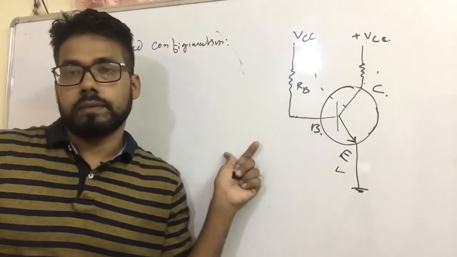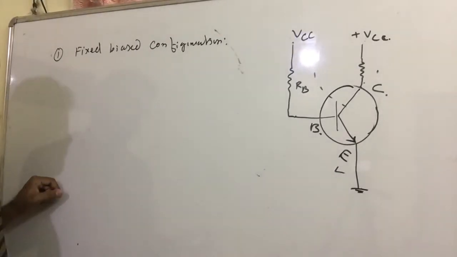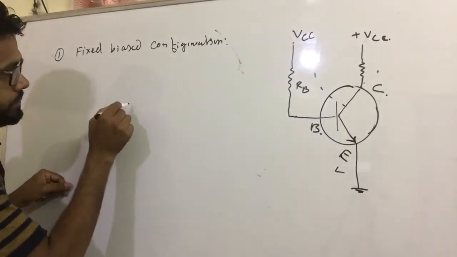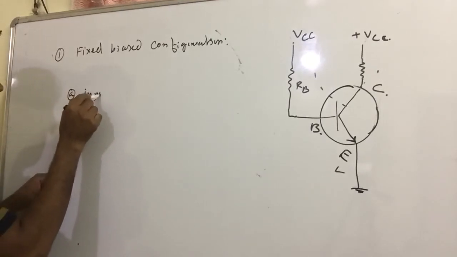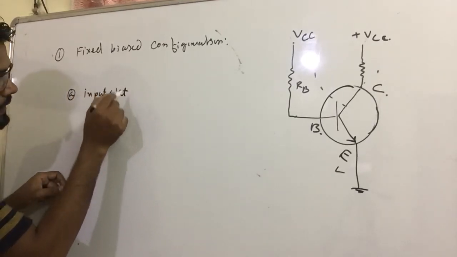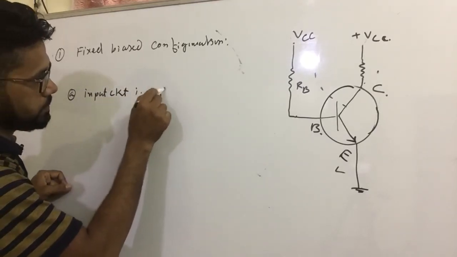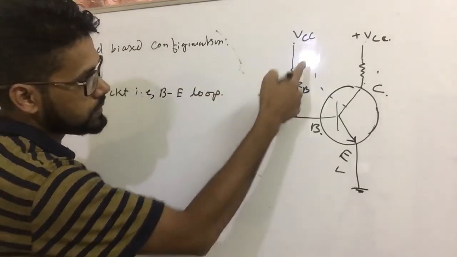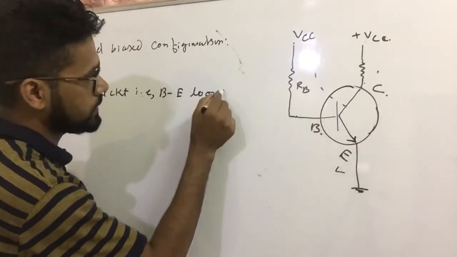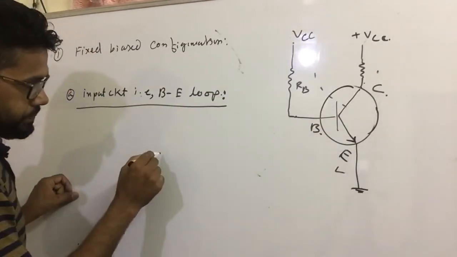It is the base emitter junction, the base emitter loop. I can draw it like this.